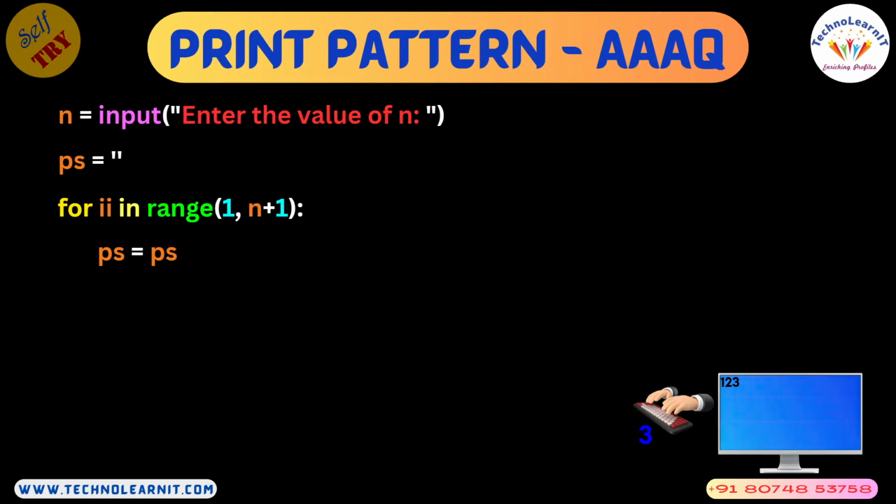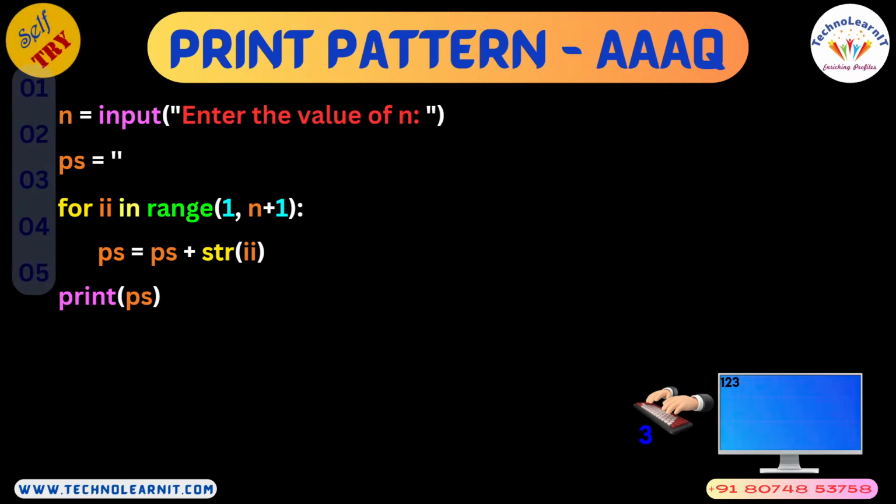Always print the ii value, and instead of printing every time, you are appending it to the ps print string, and you are converting that integer ii into a string. Okay, finally you print ps.